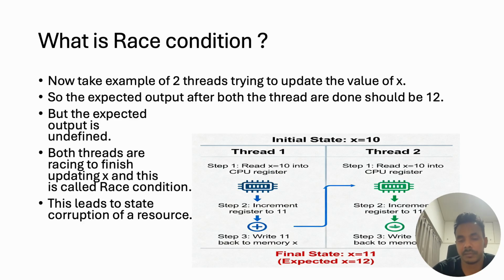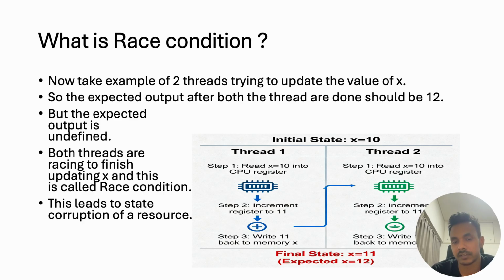For example, it's a multi-processing system with multiple processors. So thread 2 will read the value of x, and the x value is still 10, and it will read the value of x from the memory location to the register, and then it will try to update. At the same time, thread 1 is also updating inside the CPU register, not inside memory.